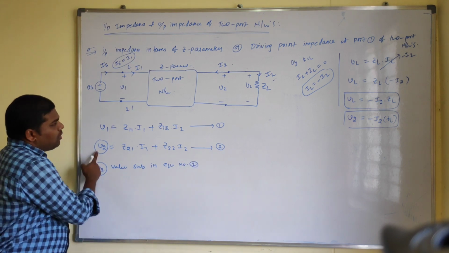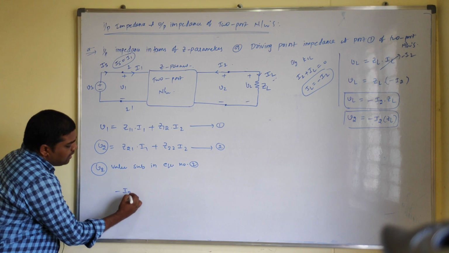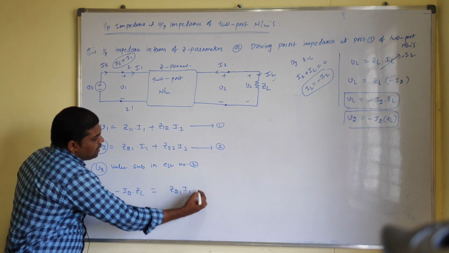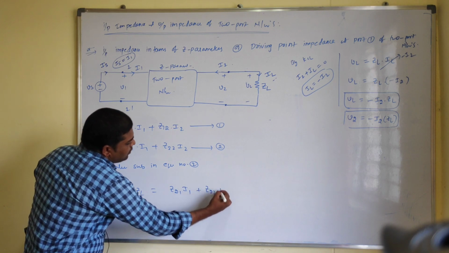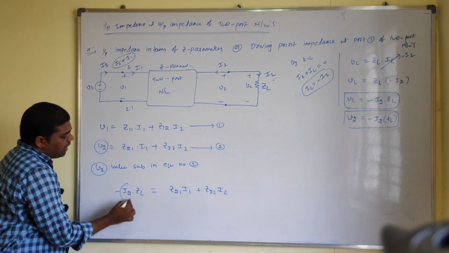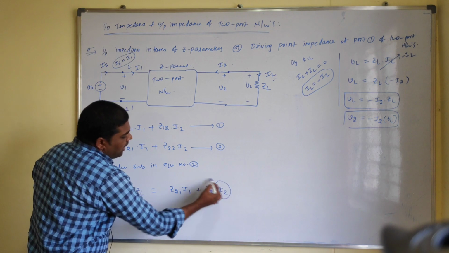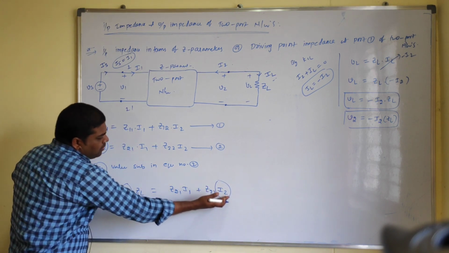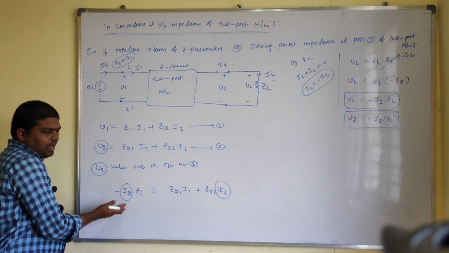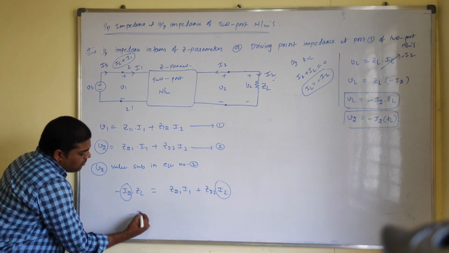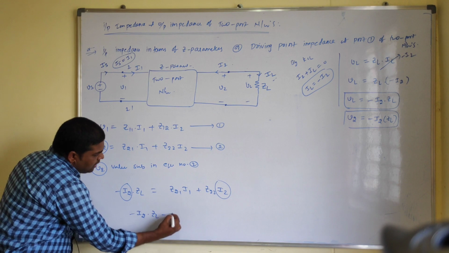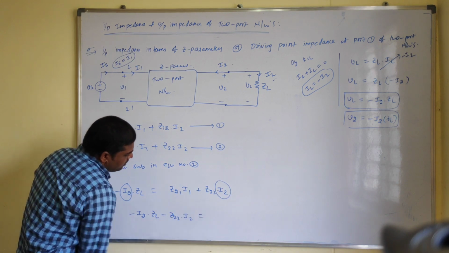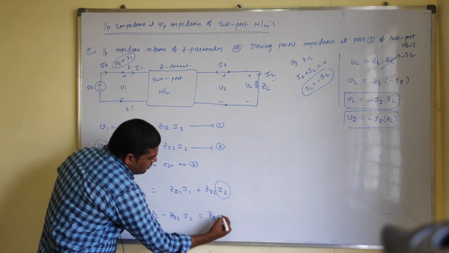And now what is V2? Minus I2 into ZL, which equals Z21 I1 plus Z22 into I2. Here we have an I2 term, and here also we have an I2 term. Bring Z22 into I2 to the LHS. Now you get minus I2 ZL minus Z22 into I2, which equals Z21 I1.